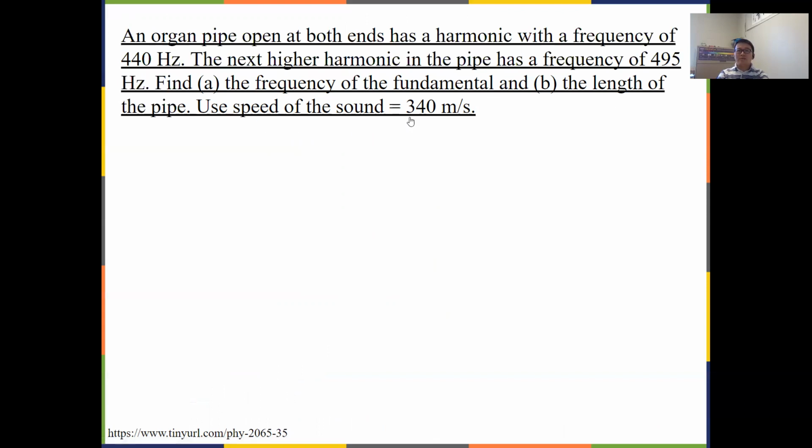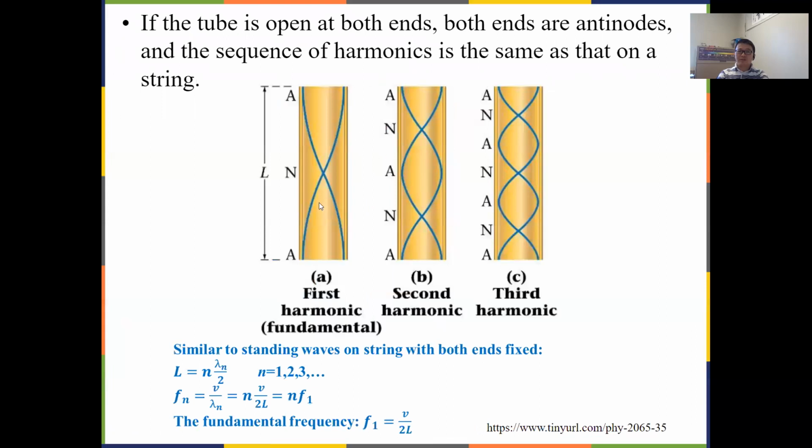Okay, use the speed of sound being 340 meters per second. So this is the pipe with two ends open. So it's this scenario. So then you have the nth harmonic, F sub n, equal to n times F1. And then F1 is equal to V divided by 2L. Okay, so I think we'll be using those two equations here.